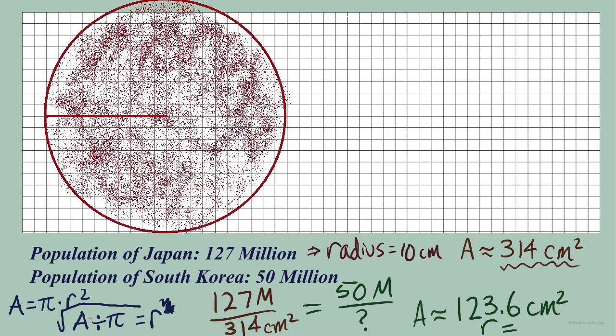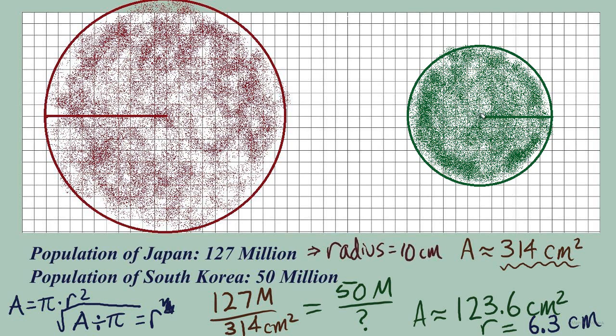So we can take our area, divide by pi, and do the square root as the opposite operation for this area formula. So 123.6 divided by 3.14 is about 39.4, and then the square root is about 6.3.